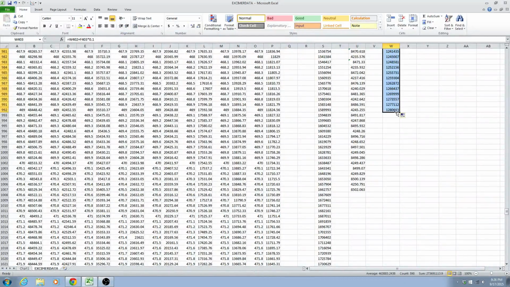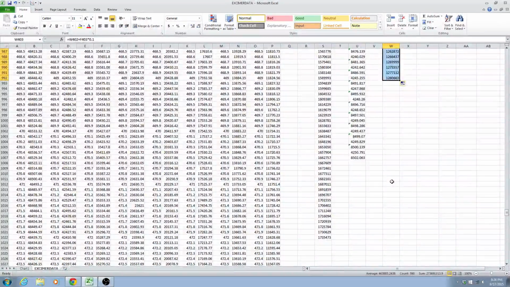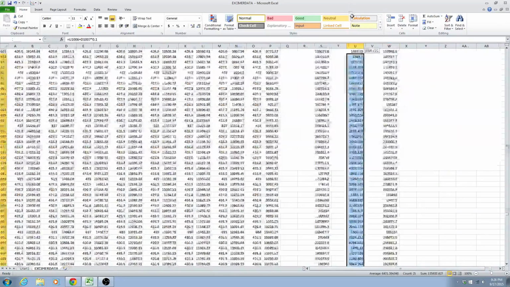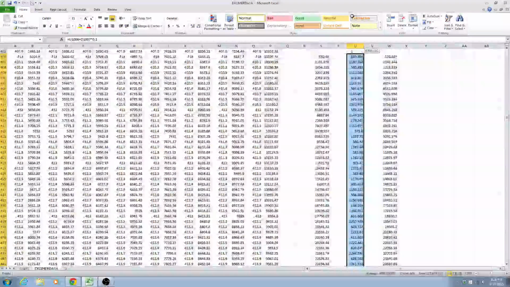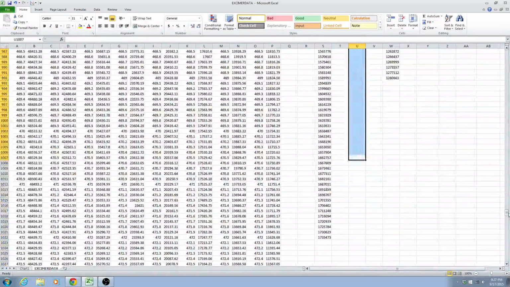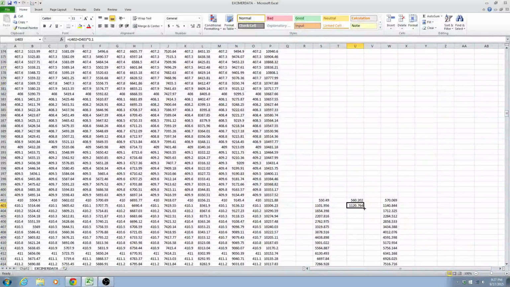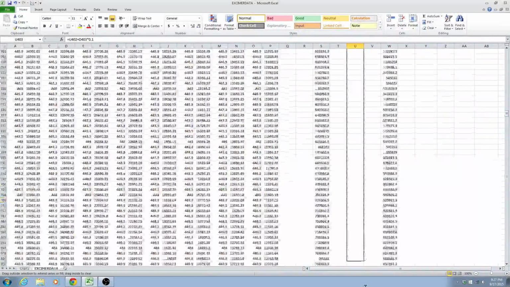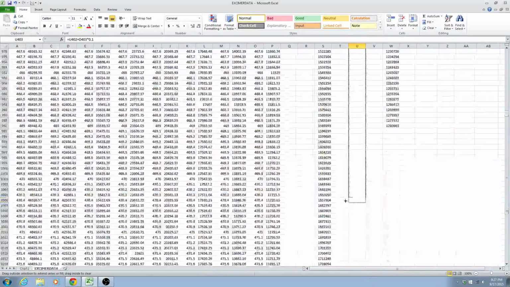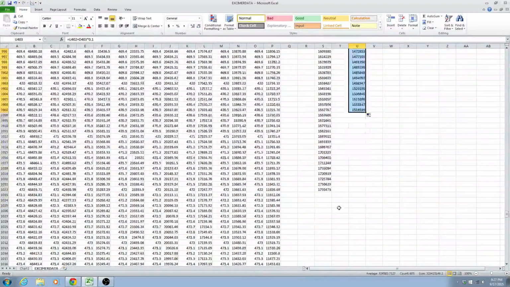That's right. I don't know what that is doing, so I'm going to stop. Oh, I see what I did. I accidentally highlighted both of those when I dragged down. So I just want to drag this one down. That was 470.5. There.